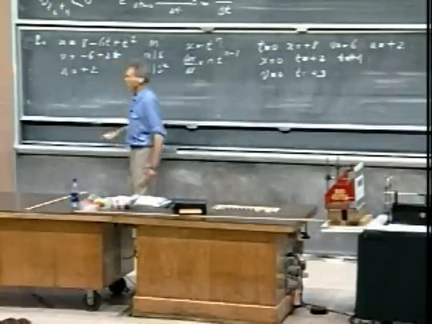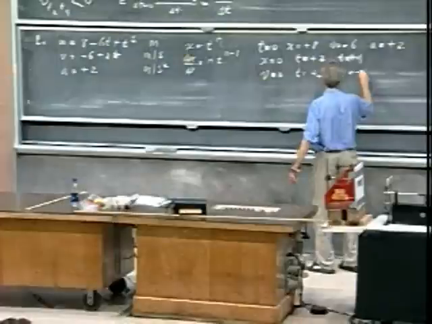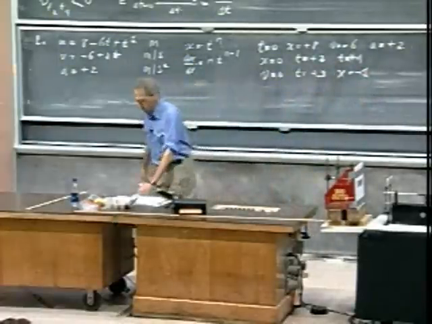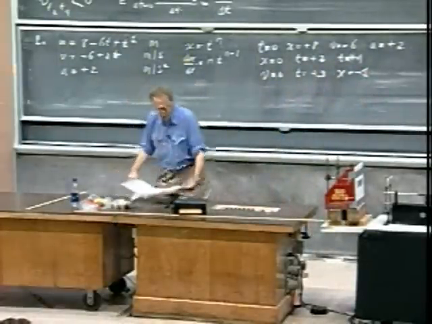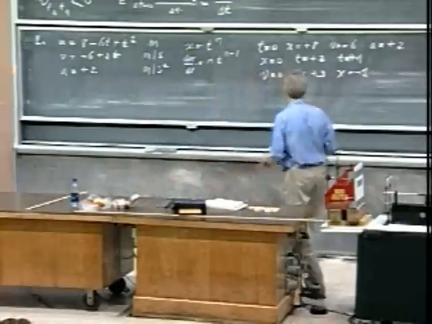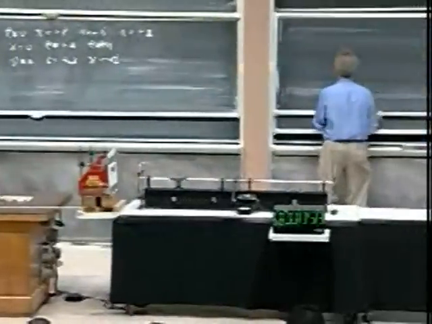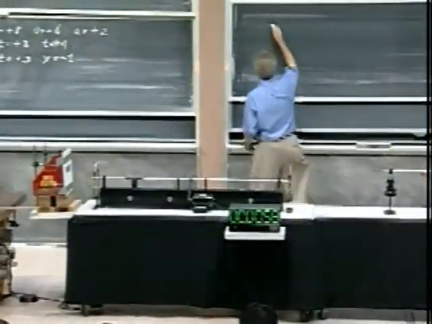What is at that moment the position? Oh, I substitute t equals 3 in here, and that gives me minus 1. x equals minus 1. So now I'm ready to plot x as a function of t. It's of course a parabola, and I use this information that we have just derived. So here comes my plot.